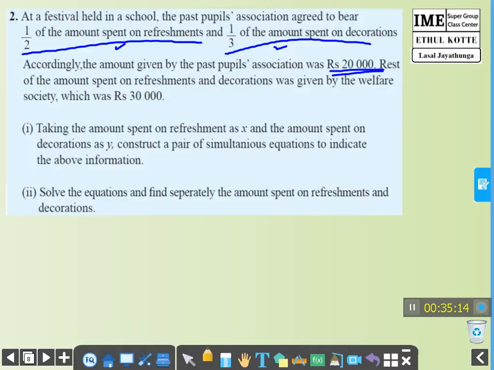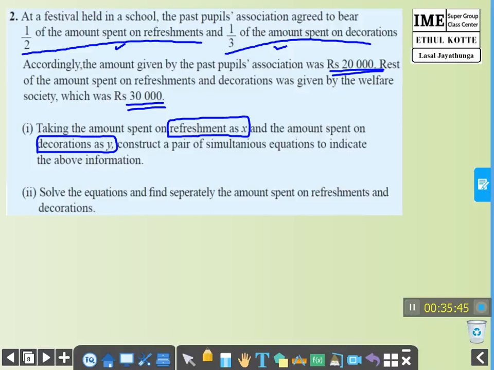Accordingly, the amount given by the past pupils' association was 20,000, for half of the refreshment and 1/3 of decoration. The rest of the amount spent on refreshment and decoration was given by the welfare society. The balance, which was 30,000, was given by the welfare society. Right.